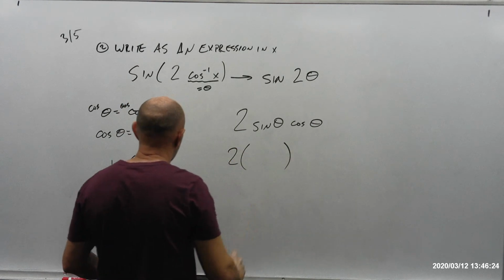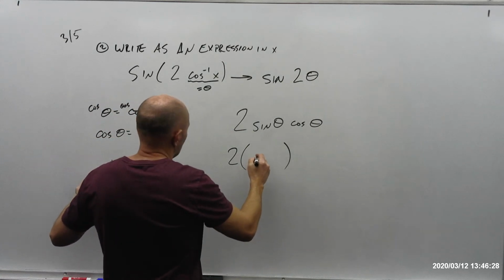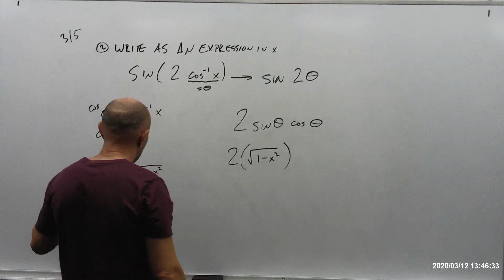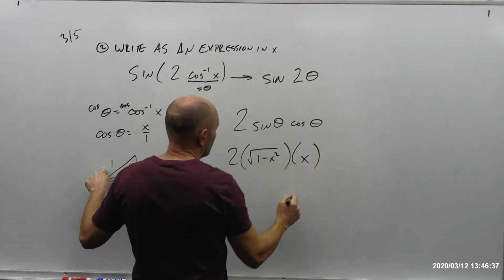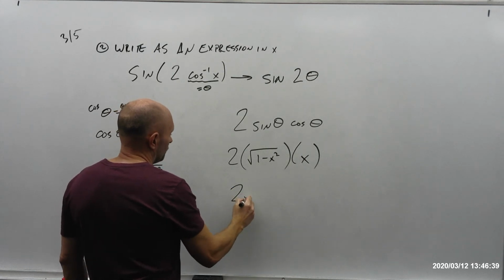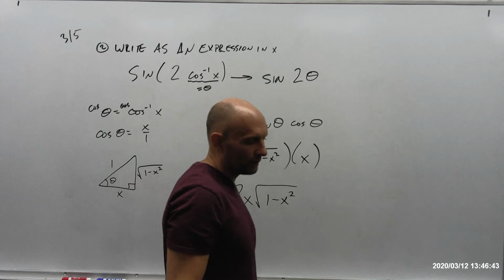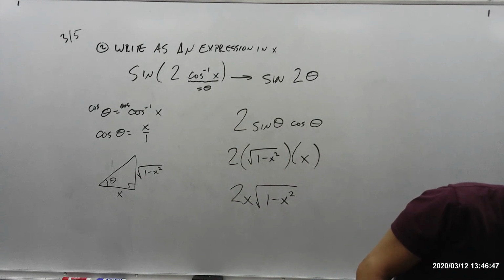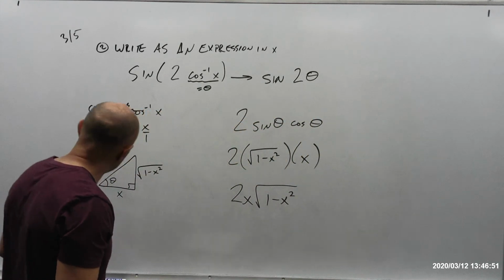So it's 2 times sine of theta, which is the square root part over 1, so just square root of 1 minus x squared. Cosine of theta is x over 1. So if I clean this up, it's just 2 times x times square root of 1 minus x squared. So that is our answer for number 2. Sorry, I'm looking at number 3.